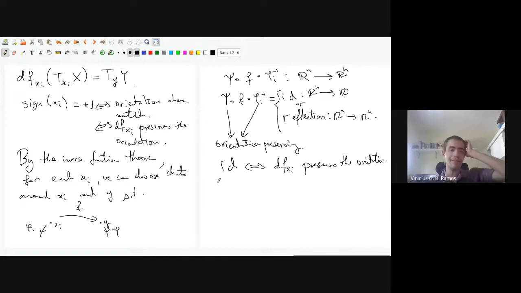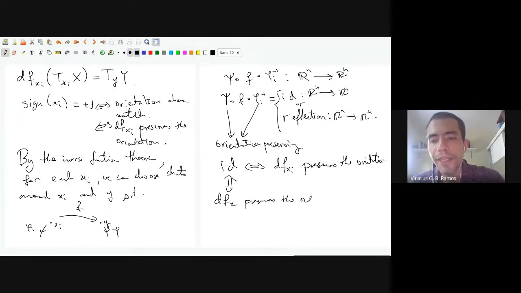But the point is that it's the identity everywhere in this neighborhood, not just at xi. So it's the identity if and only if dfx preserves the orientation for every x in ui. This whole argument is to say that the sign at this point will not change.